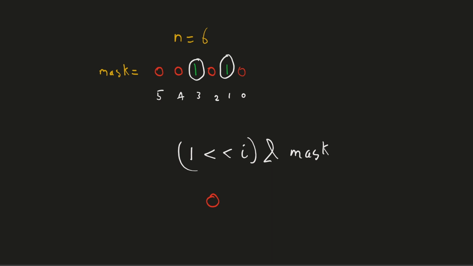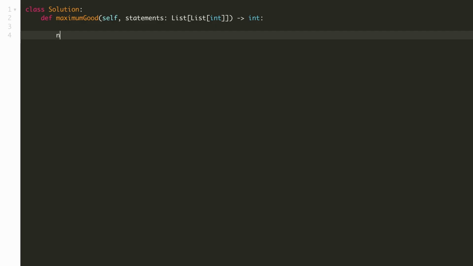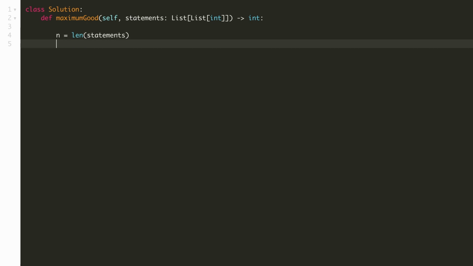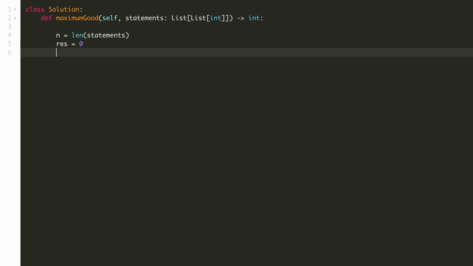Let's implement the solution. Let's create a variable for the number of people in the group. And let's initialize our answer to 0 because in any case, if no people are good, then our answer 0 will still be valid. Now let's initialize our bit mask.